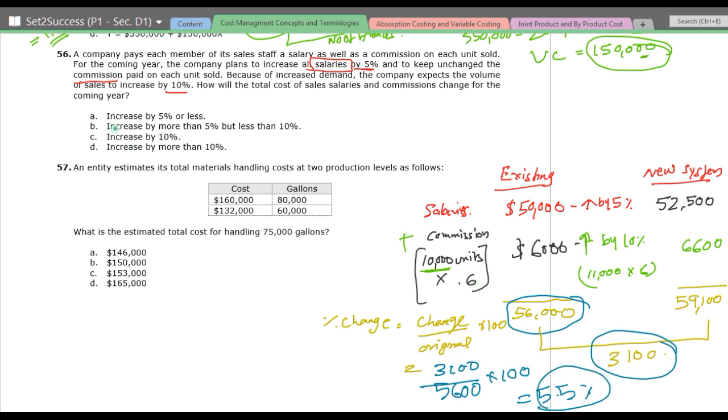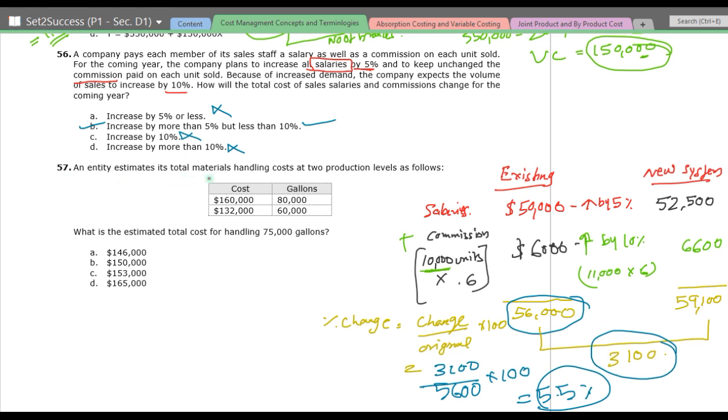So this is increased by more than 5%. It is not less. Increased by 10%, no. Increase by more than 10%, no. Increase by more than 5% but less than 10%. This is the correct option. Next.